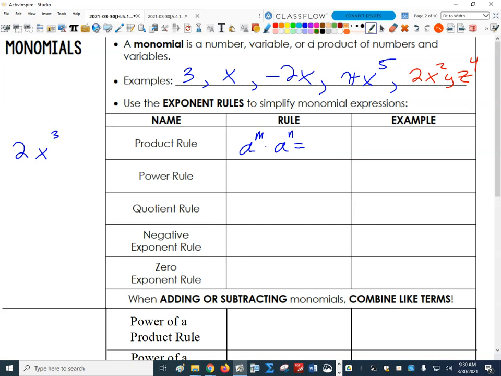What are the parts of that? Well, the 2 is what we call the coefficient, right? A coefficient is any constant that's multiplied by a variable. What about the x cubed? The x cubed taken together is what we call a power.